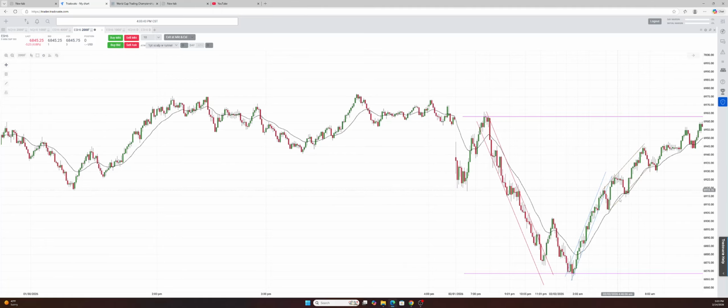It just continues to move higher, and each push gets more and more shallow. What you have developing here is basically an overnight range. Price has created a high here overnight and a low, and now what price is trying to do is get back to this overnight high.